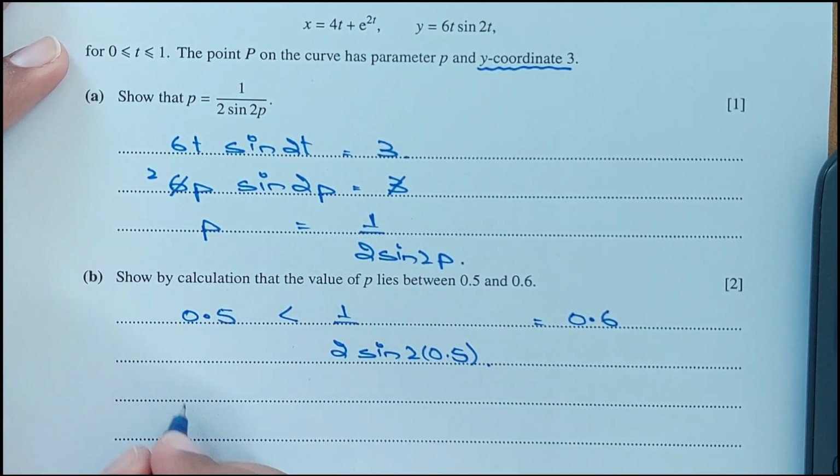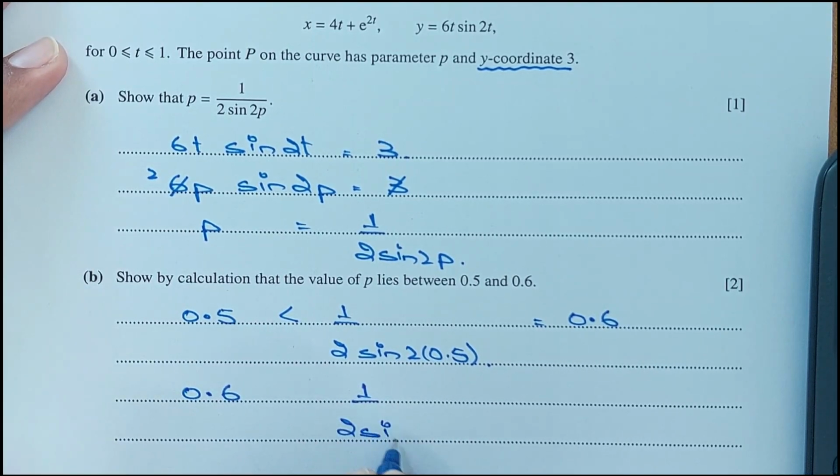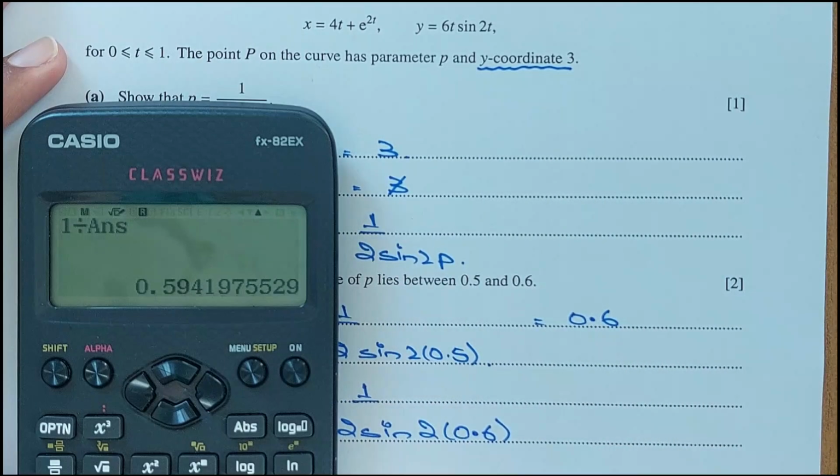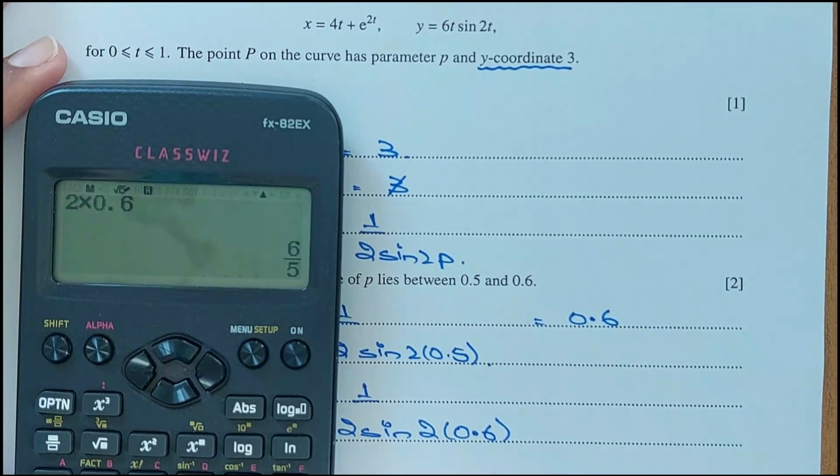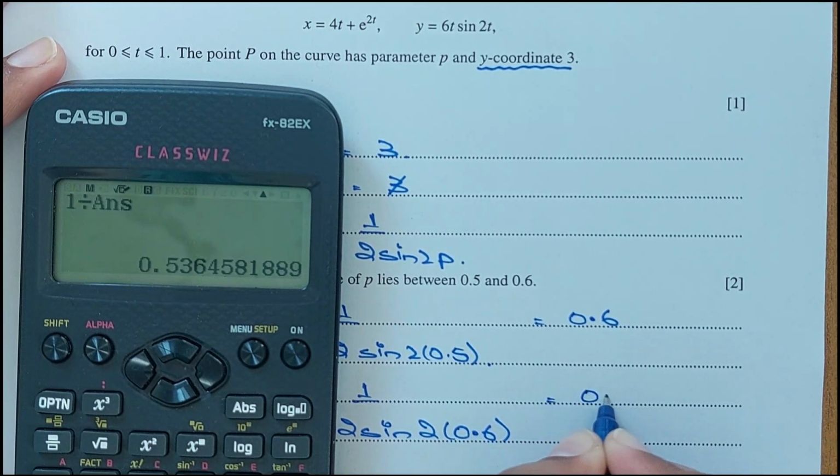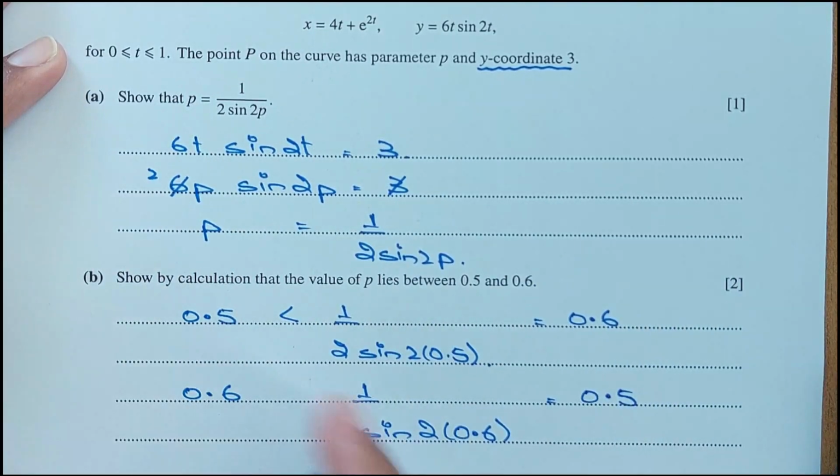Now let me check at 0.6. 1 over 2 sine 2 times 0.6. 2 times 0.6, sine of the answer times 2 and the reciprocal. This is 0.5. So 0.6 is greater than 0.5.